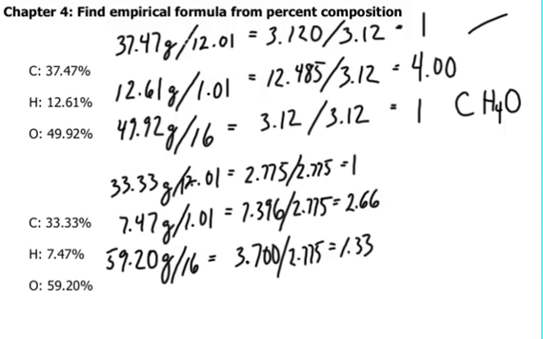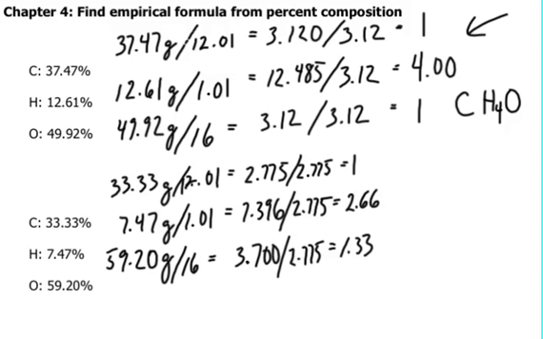Now, in the first problem we ended up with nice integers, and so we were done. In this case we didn't end up with nice integers. We ended up with 1, 2.66 and 1.33. They're not nice integers, but they are nice fractions. 2.66 is very close to 2 2/3, and 1.33 is very close to 1 1/3.